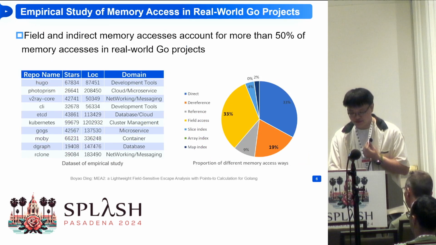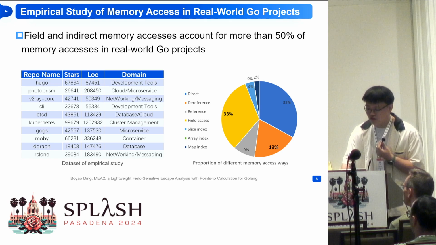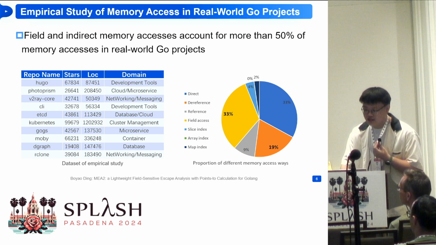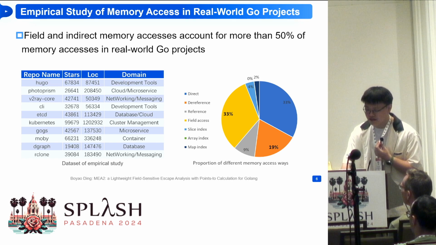To understand the impact of the aforementioned shortcomings, we conducted a simple empirical analysis of memory access operations. We found that field access and indirect memory access accounted for over 50%, with proportions of 33% and 19% respectively.